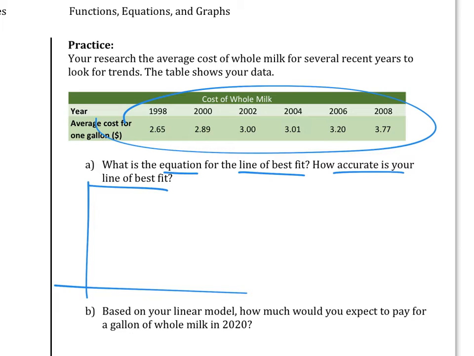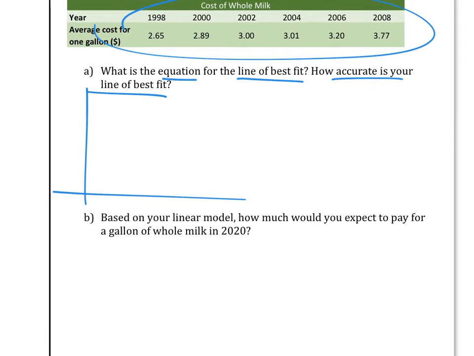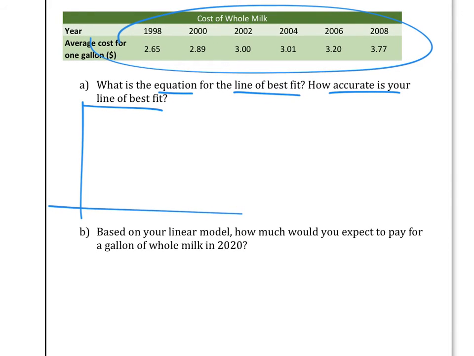Which 2 points do I pick that I think would represent the data the best? You don't want to pick 2 points that are going to create a flat line if it's not flat data. The second thing you're going to do is, after you create that line of best fit, use the equation to predict what's happening in 2020. Okay, so go ahead and pause the video and try it.